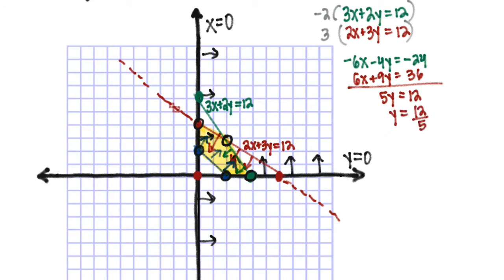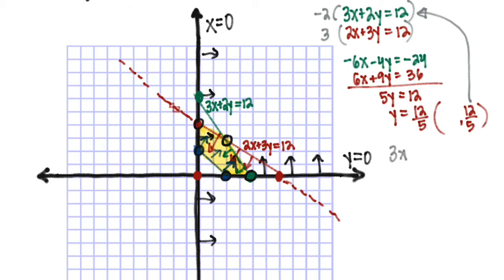So that ordered pair is not right 2 up 3. So this is a great example of why it's so important to solve that system. We're going to take the 12/5 and plug it back into either one of the equations. You can plug it into the green one or the red one, it doesn't really matter.